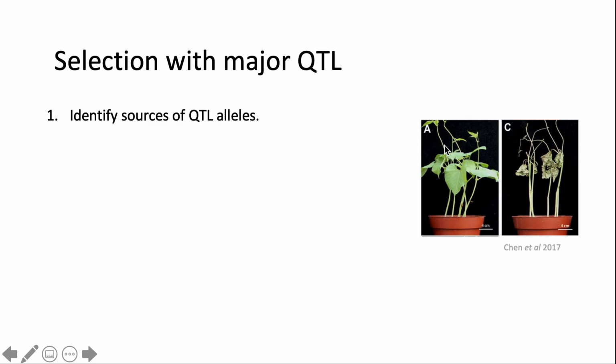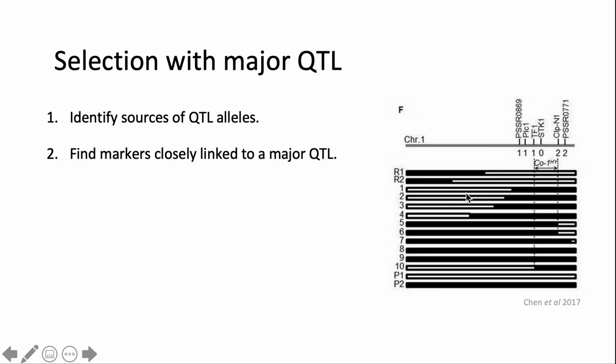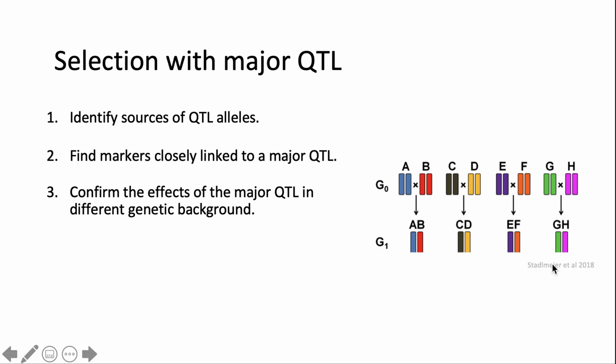In this case, as the trait is controlled by just one QTL, we can easily identify one line that is susceptible and another one that is resistant. Then we have to generate a population to create meiosis and recombination between the lines, and then we have to use molecular markers to identify those recombinations in the population.